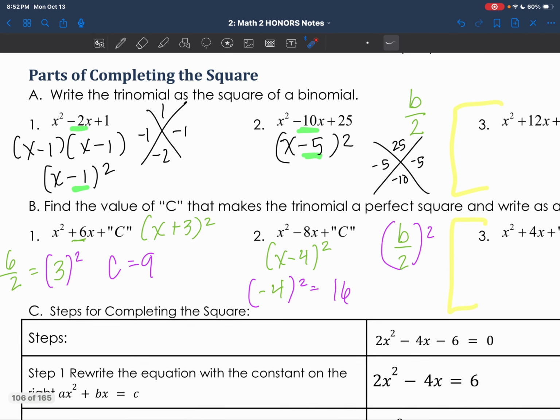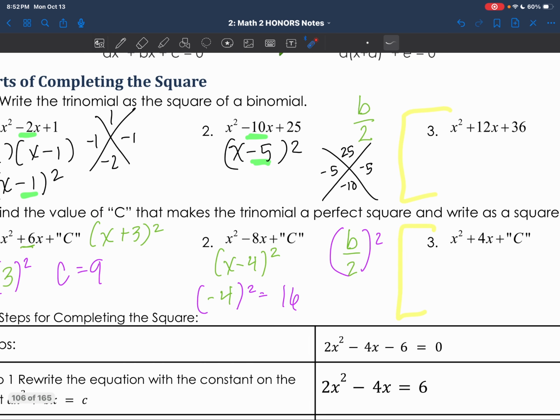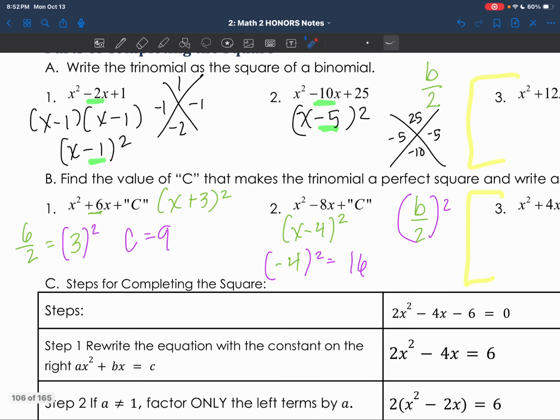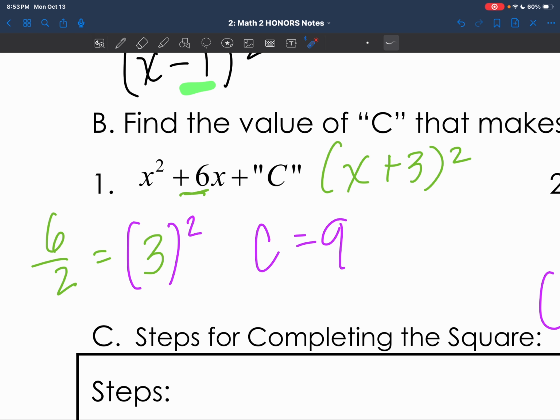Now, to find the c value and make it a perfect square, which is the square of the binomial, we're going to take this b value, and remember I said we're going to divide that by 2. When you divide that by 2, you're going to get +3. We just did 6 divided by 2, which equals 3.